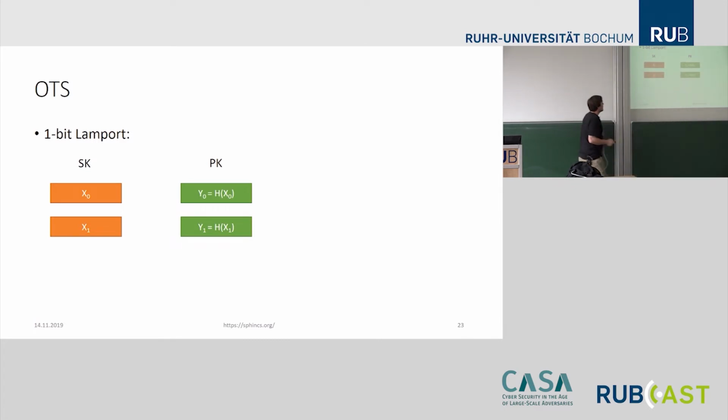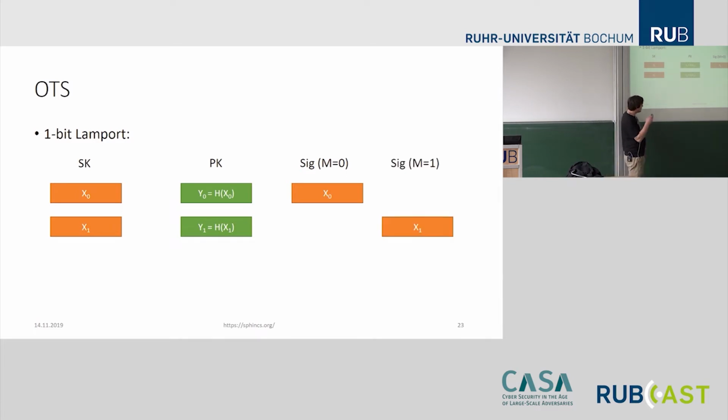Right? And now if you want to sign a message, you assign a 0 and a 1 to these 2 bit strings. If you want to sign a message 0, you publish the secret key element which you assigned to 0. And if you want to sign a message 1, you publish the secret key element which you assigned to 1.